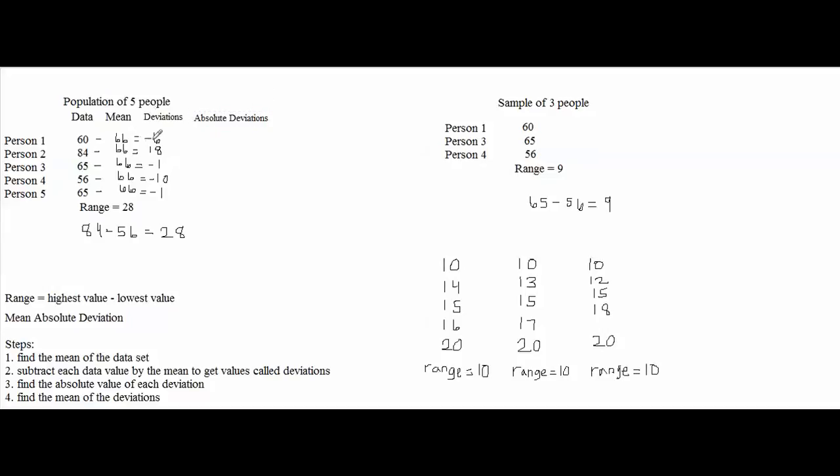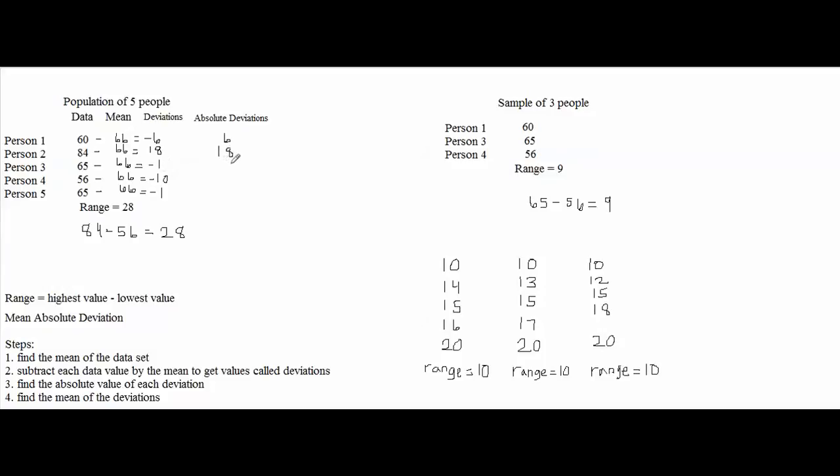The absolute value of negative 6 is 6 because to get the absolute value of a negative number, you just take the number and leave off the negative sign. This value is 18, which is a positive number. If it's a positive number, it just stays the way it is. So it'll just stay 18.